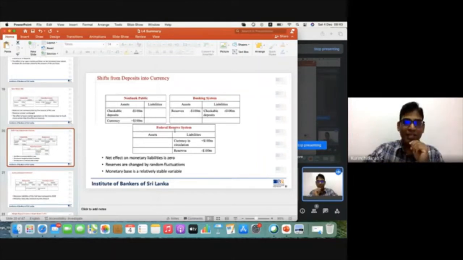The central bank balance sheet: now the public is having currency. So central bank liability will increase by that 100 million. But at the same time, now there are no deposits, so reserve is going to decline by 100 million. So the central bank is going to lose the 100 million. So it's an adjustment within the liabilities, right?